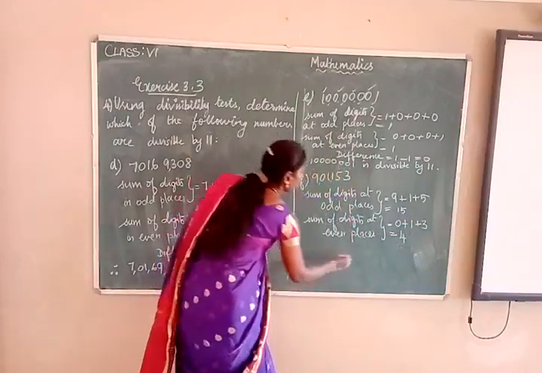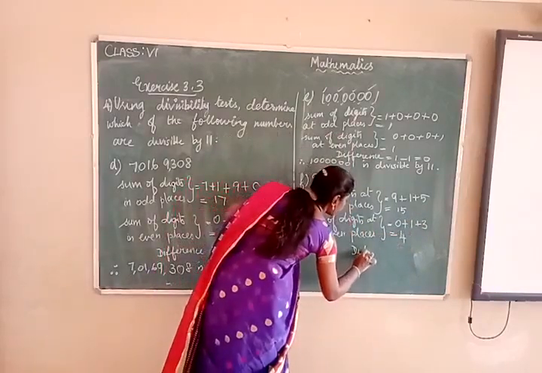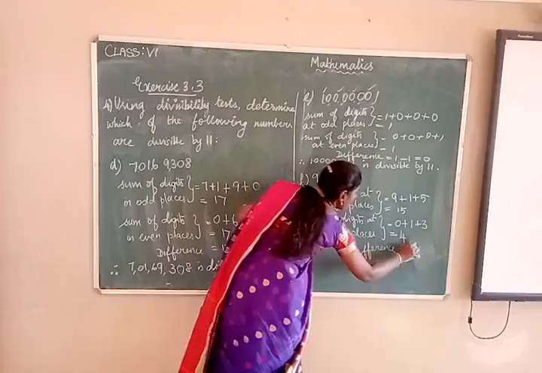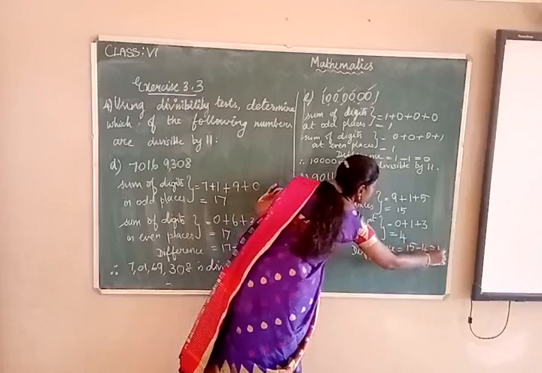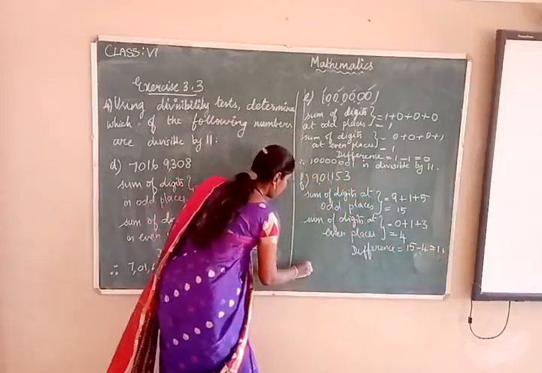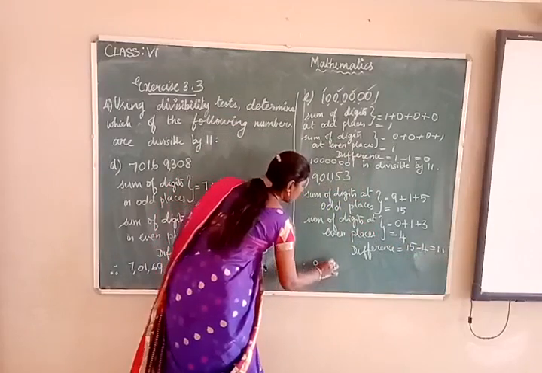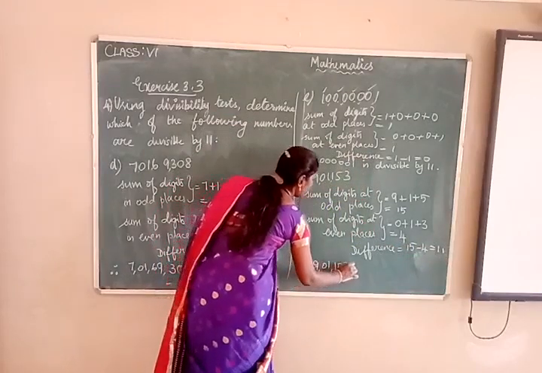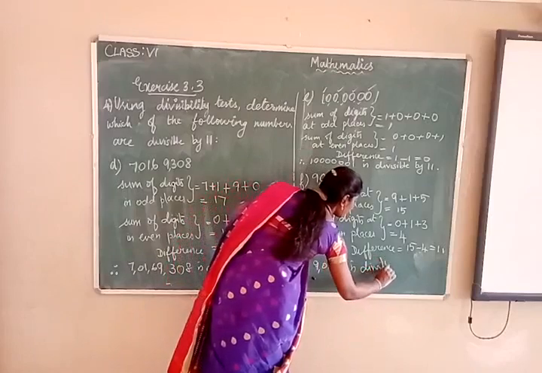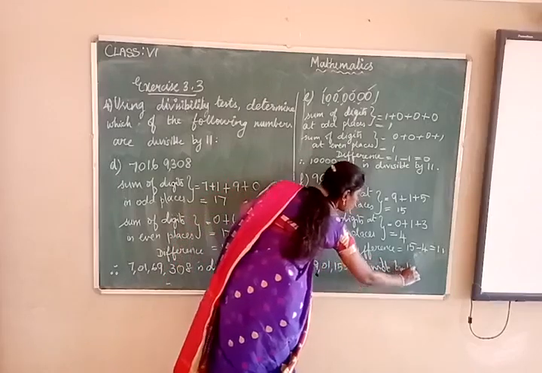So what is the difference? 15 minus 4, that is 11. 11 is divisible by 11 or not? Yes, right? Therefore 9,01,153 is divisible by 11. Is it clear for all of you?